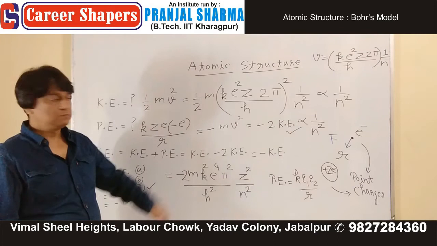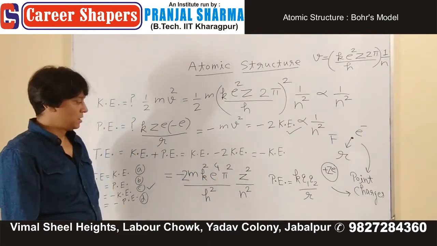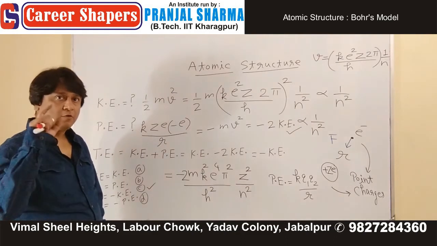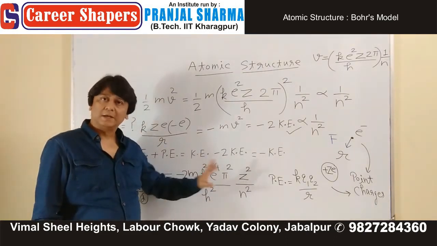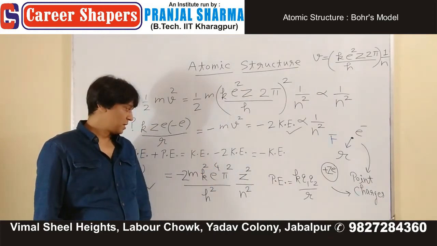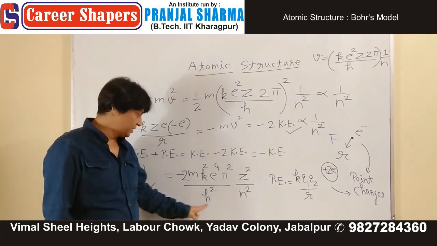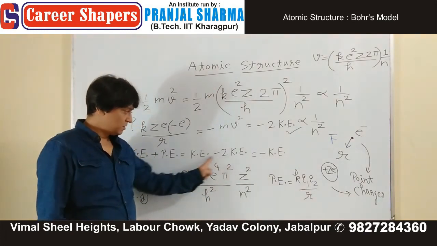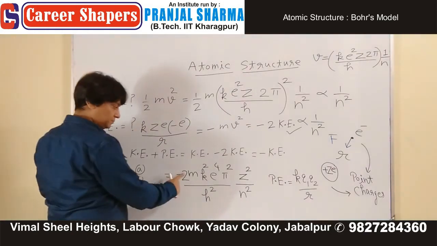For hydrogen, Z is 1. Now, for hydrogen, Z is 1. Tell me, do you have any idea of value of this number? The whole thing. Do you have the idea of this thing?